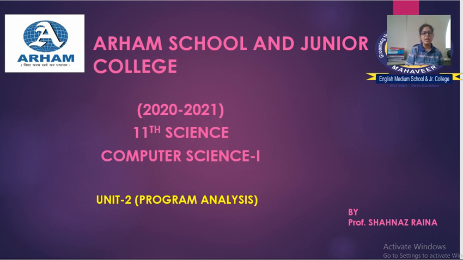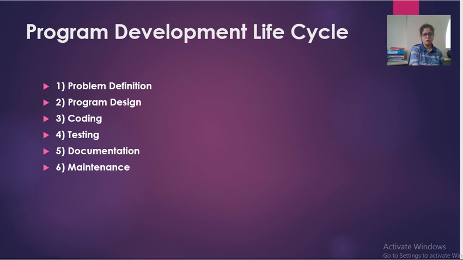When we have to develop the program, we need different things. So we have also studied program development life cycle. It means if we have to develop a program, we have to pass through all these 6 stages.